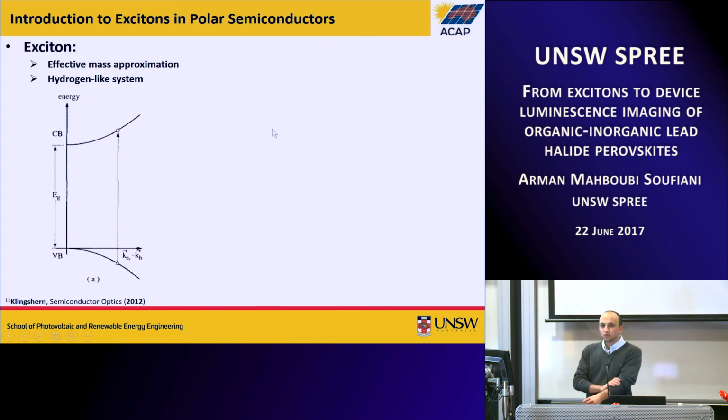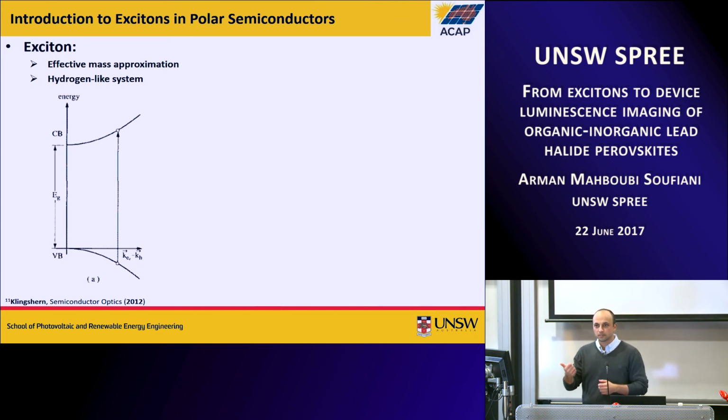Also, I'm going to move to another topic and discuss this for about 10 to 15 minutes, which is excitons in polar semiconductors such as perovskites. What is an exciton? When you excite an electron in a semiconductor, which is sitting in the valence band, to the conduction band, for instance by illumination, it leaves behind a hole, which is the absence of an electron.